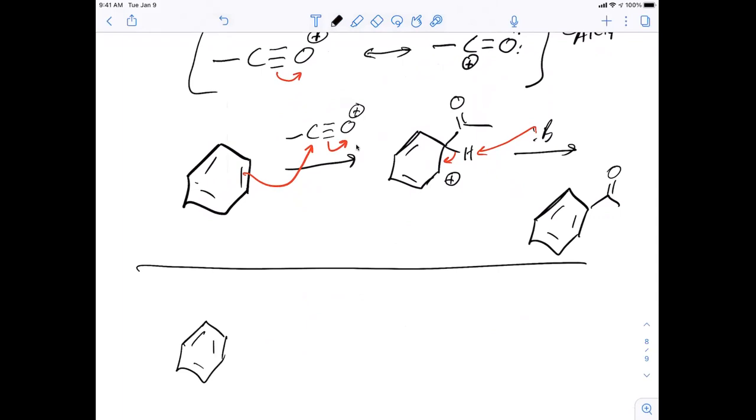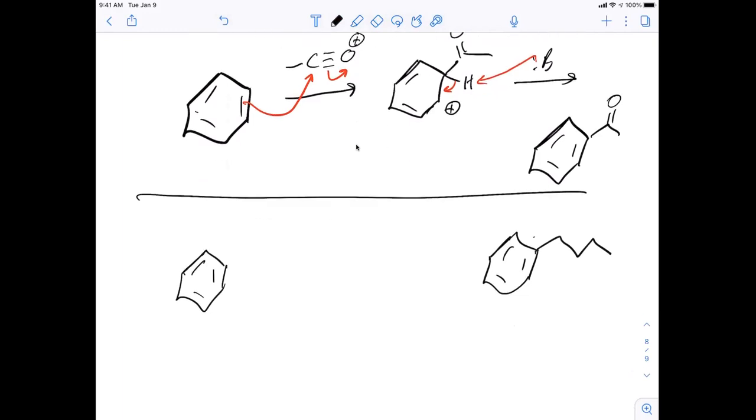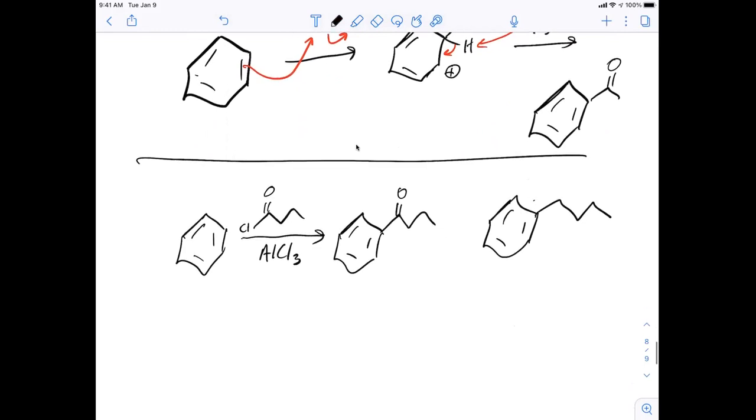So if I wanted to go from here to here, right? I could do that by going through the Friedel-Crafts acylation, right?